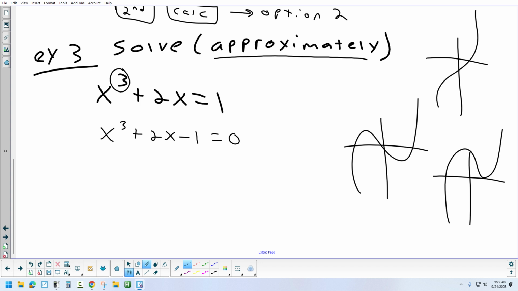No. A cubic has to always cross, because another thing we're going to learn about a cubic is that one side goes down forever, the other side goes up forever, and it's connected the entire time.